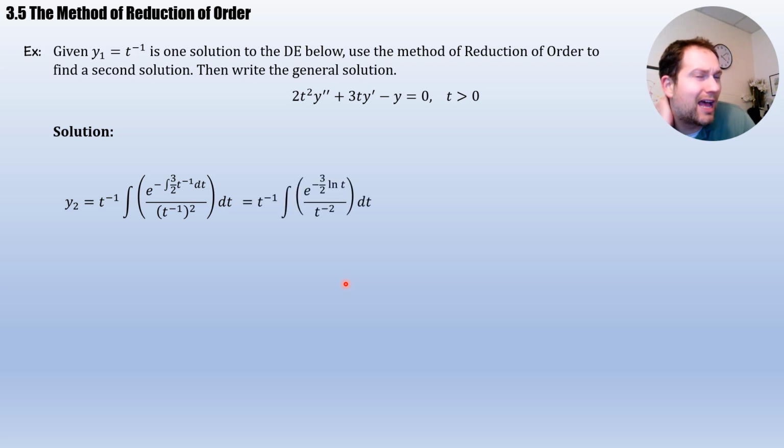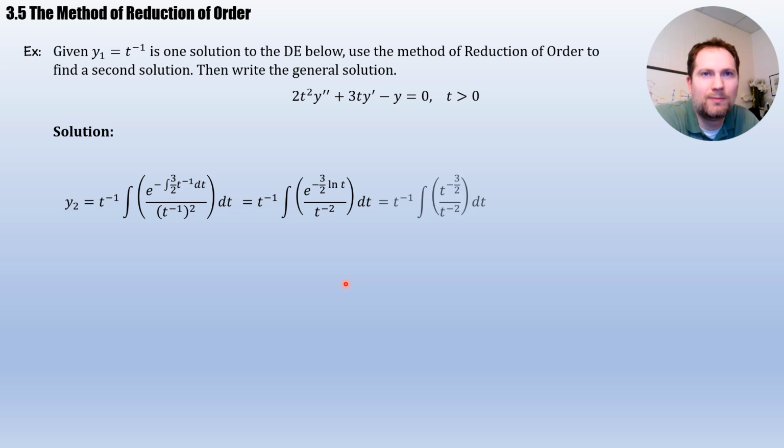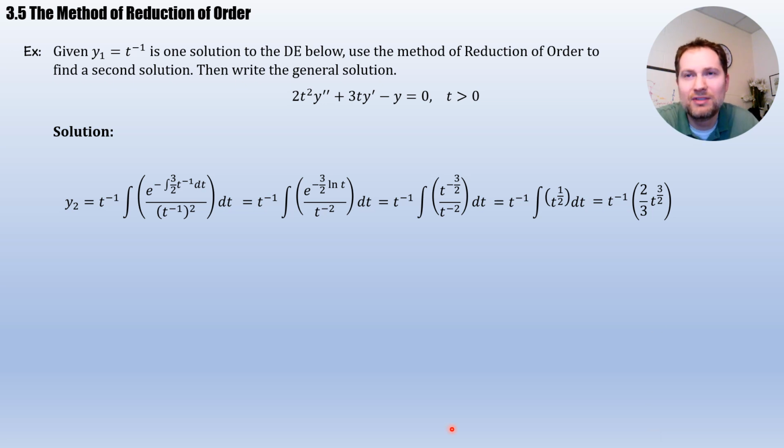If we integrate that numerator in there, that power of e, excuse me, we'll get negative 3/2 ln t, and using properties of exponents, we get t to the negative 3/2, and subtracting exponents, we have that as our integrand. And now integrating that gives 2/3 t to the 3/2, really plus a constant, right?